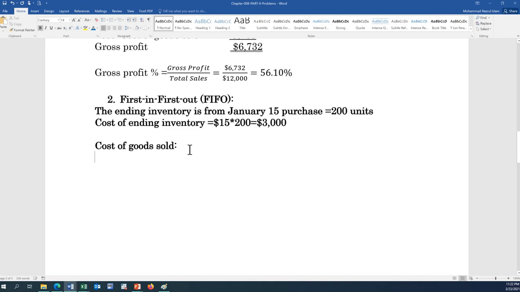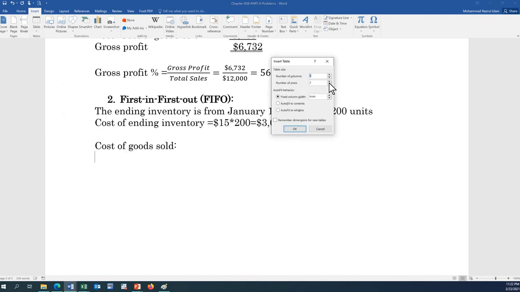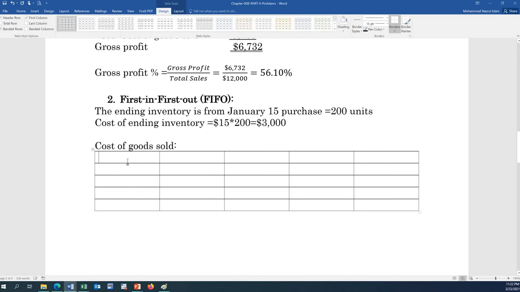So the cost of goods sold would be equal to, let me insert another table: date, description, units, cost per unit, and total.